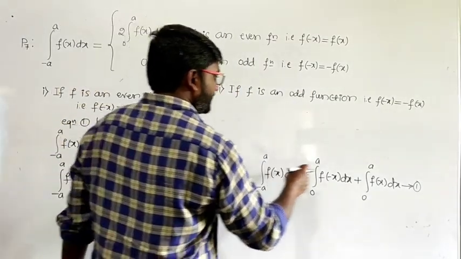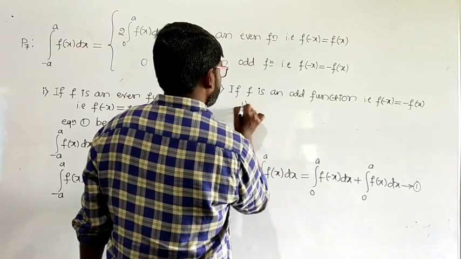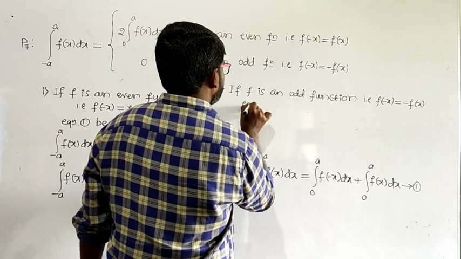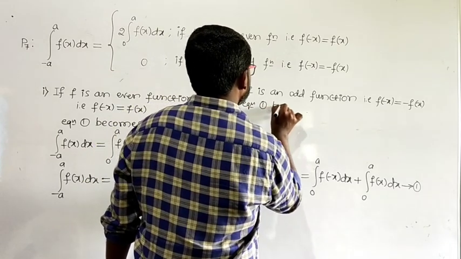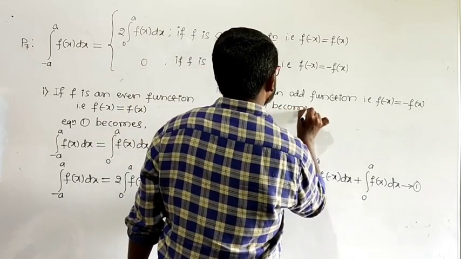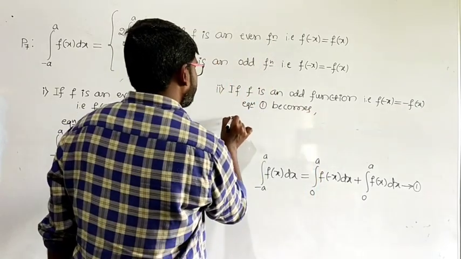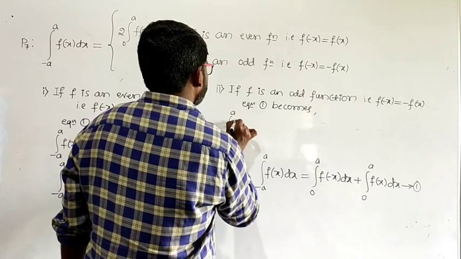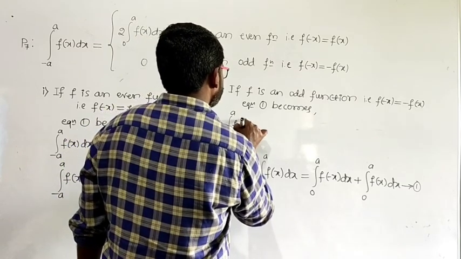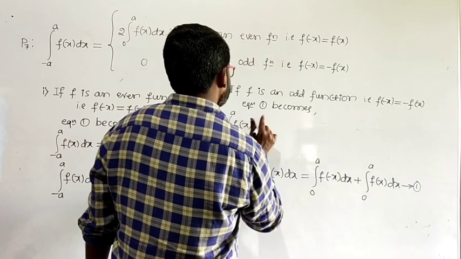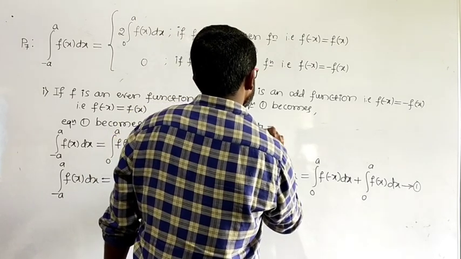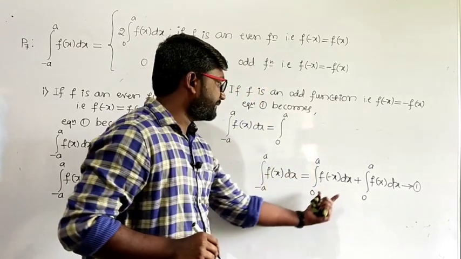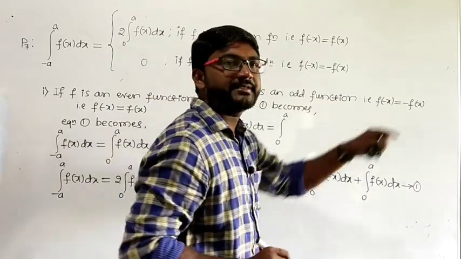then we have to rewrite the given integral. So equation 1 becomes integral minus a to a f of x dx is equal to integral 0 to a, in place of f of minus x, we have to write minus f of x.